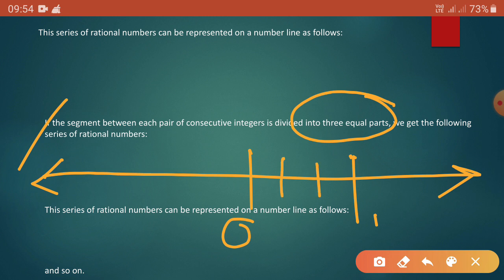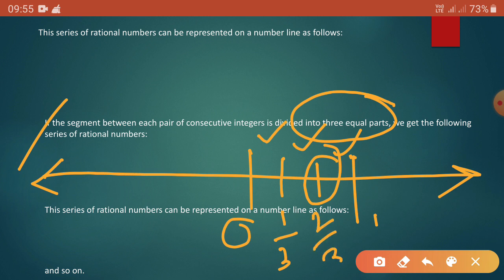If we cut two times we will get three parts. So this part and this part, what will be the rational number here? The first line will be 1 by 3. And what will be the next rational number? This point will be 2 by 3.